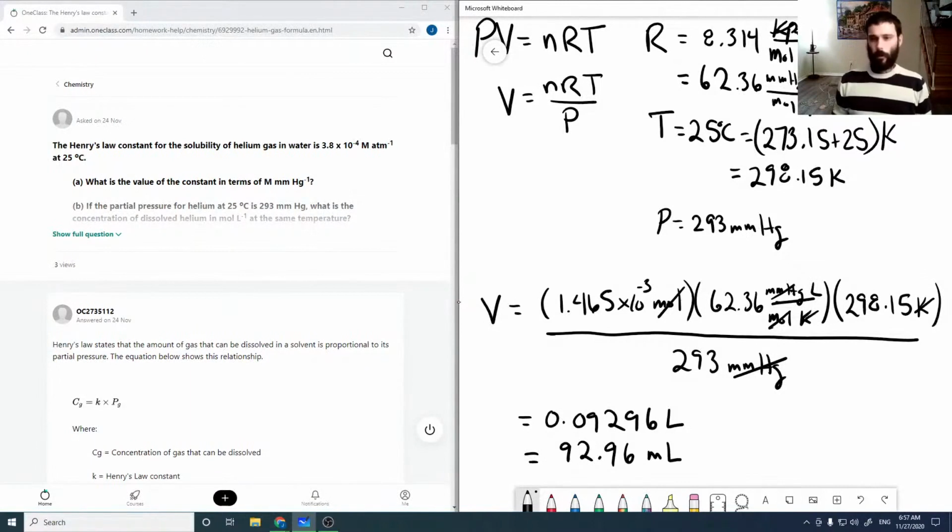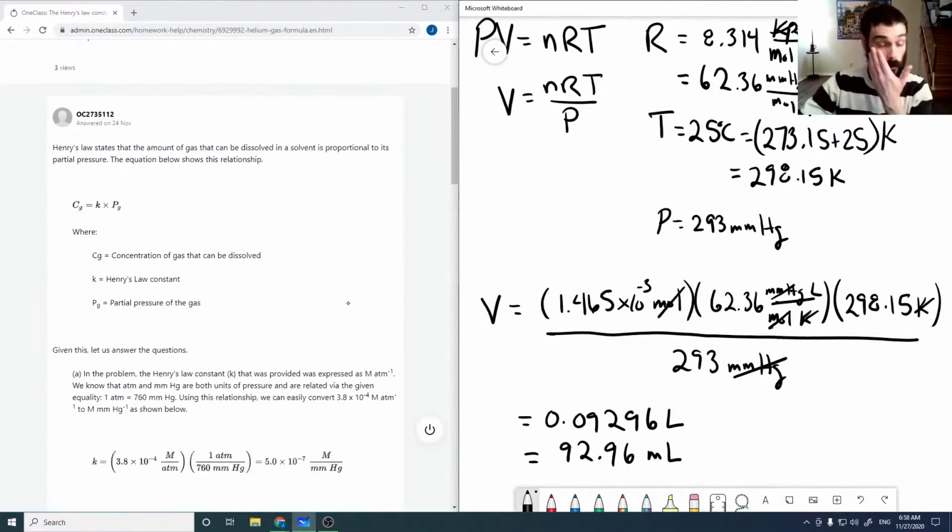I ran it to 4 significant figures, but I don't know why, because I believe in the question it gets tricky. So that's our volume of helium gas dissolved in 10 liters of water at that temperature and with that partial pressure. Okay, so let's go through the solutions.